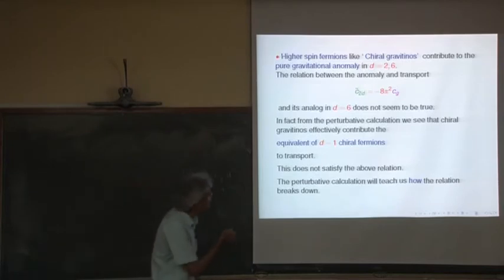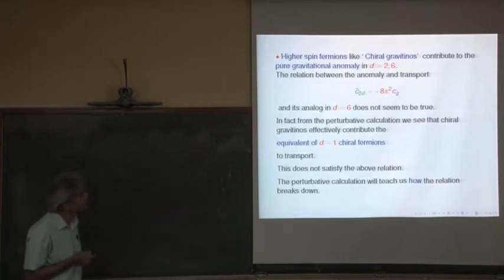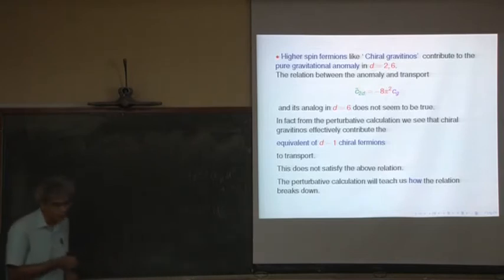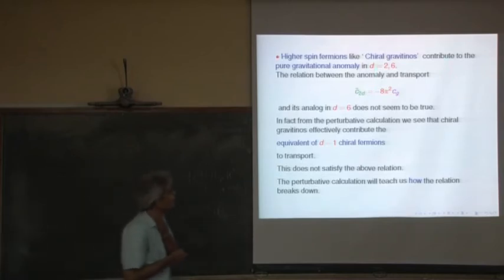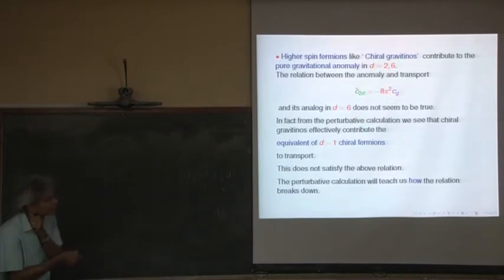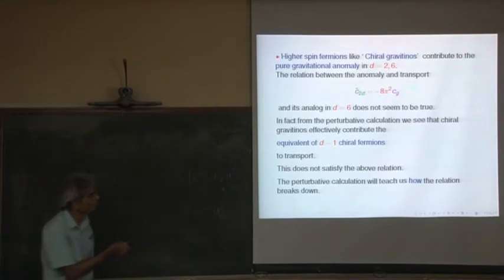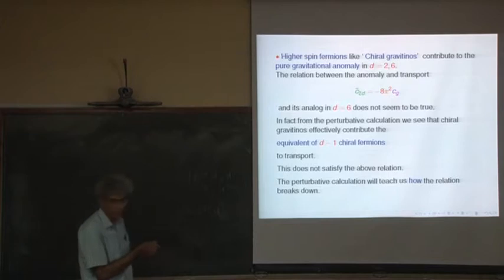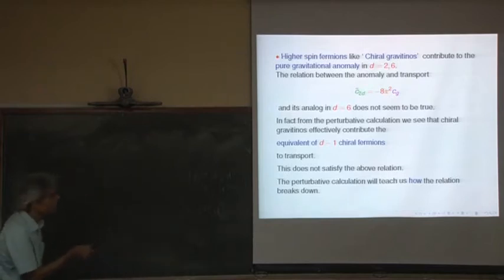What we will see is that higher spin fermions, like chiral gravitinos, contribute to the gravitational anomaly, in 2 and 6 dimensions. But if you take the anomaly coefficients of the gravitino and check whether they contribute exactly with this formula, it is not true.